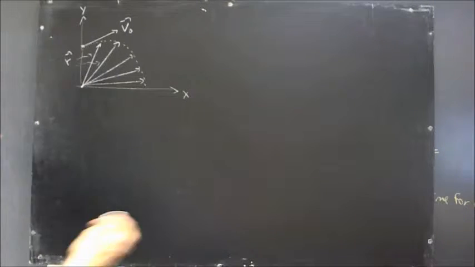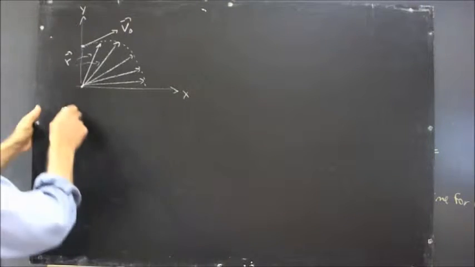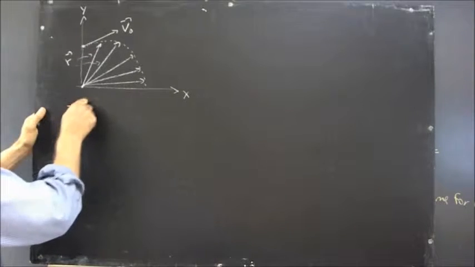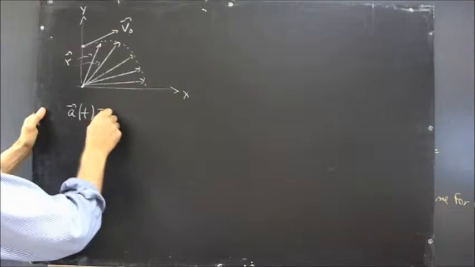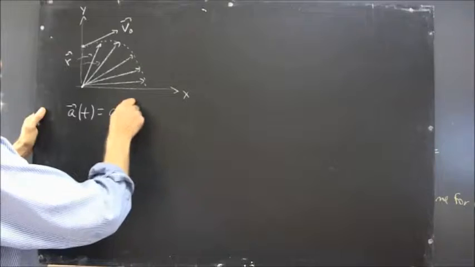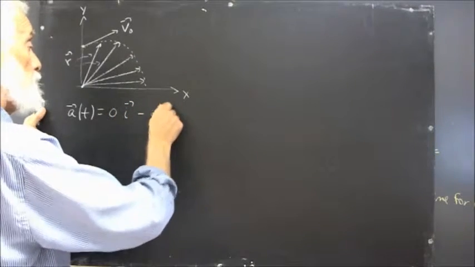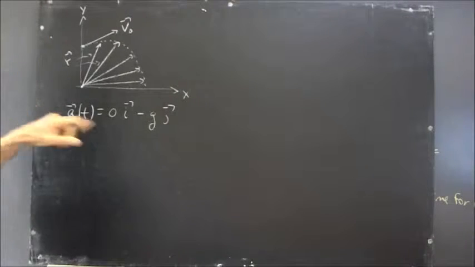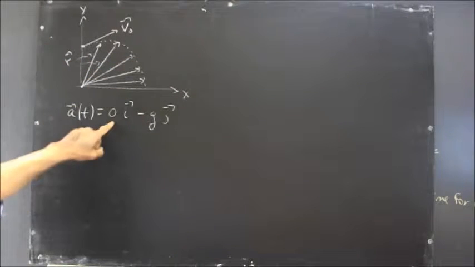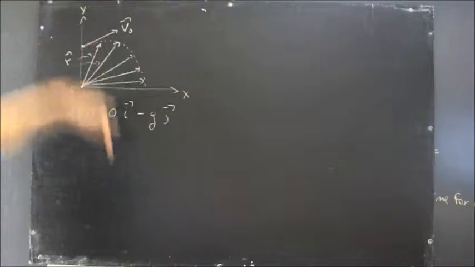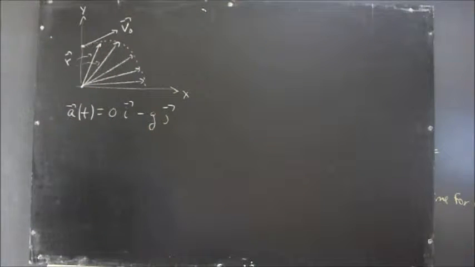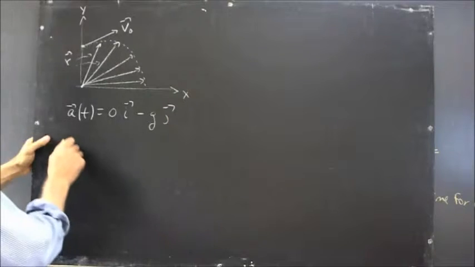Now, what's the situation here? The situation is that the acceleration as a function of time is 0i minus g times j. No acceleration in the x direction, ideal projectile. Acceleration of gravity in the y direction. Now, what do we get if we integrate that?